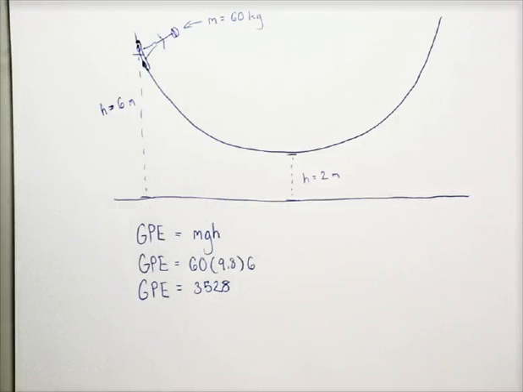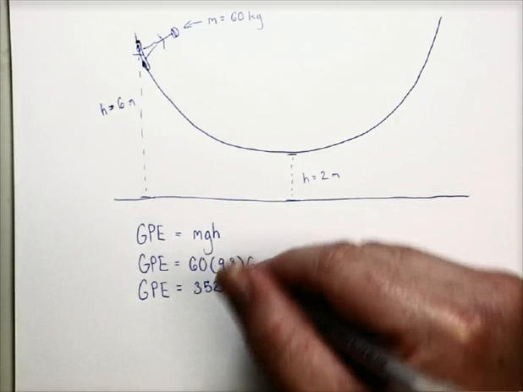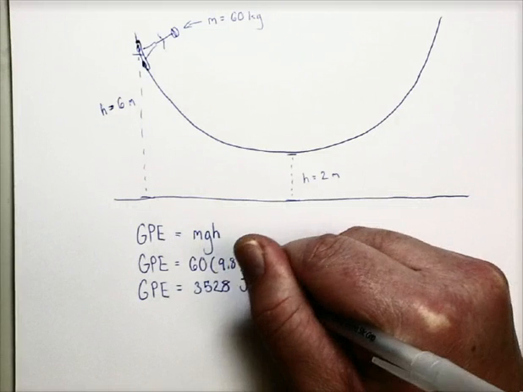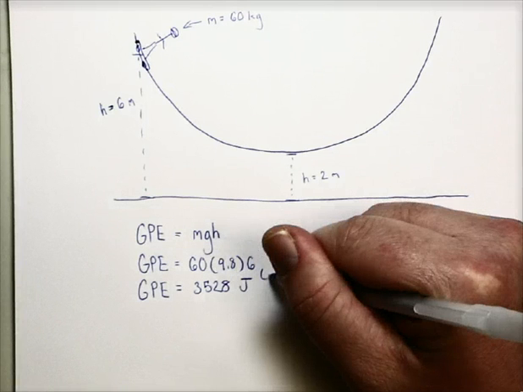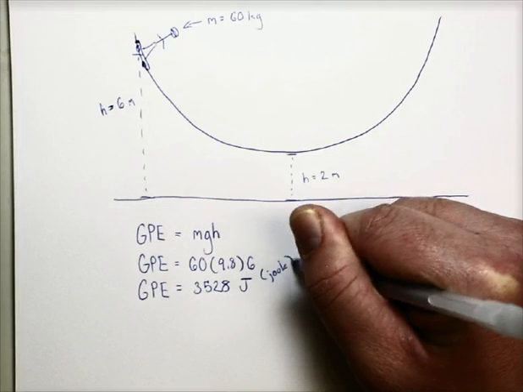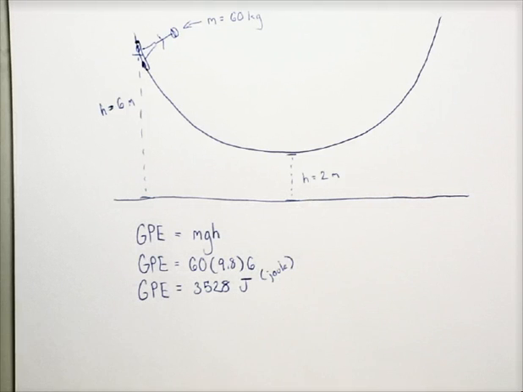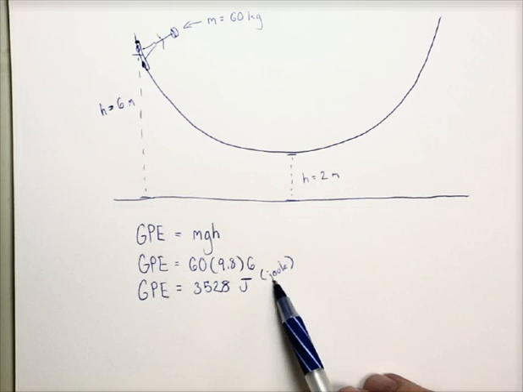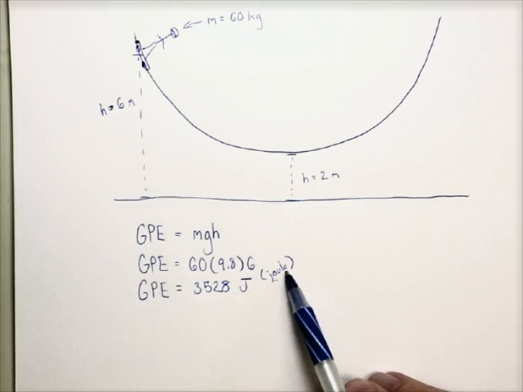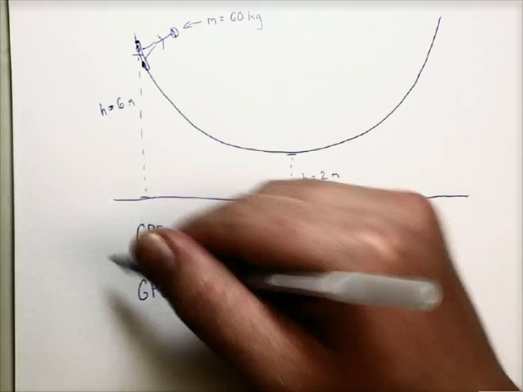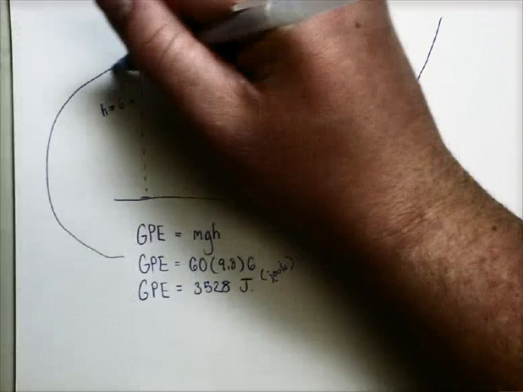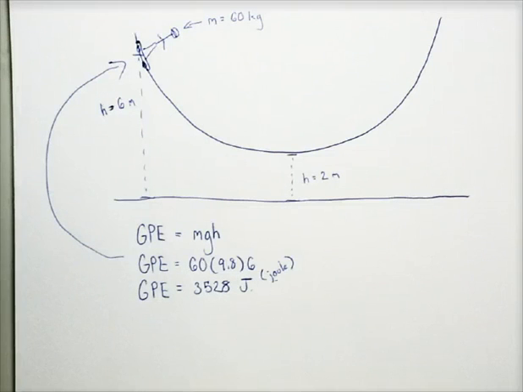Well, my oh my, we need units for energy, and that unit is called the joule, and it's abbreviated with a capital J. If you're wondering how that's spelled, it's J-O-U-L-E, which is not how you would expect, but this is after a person's last name. So the unit is the joule, and the abbreviation for it is a capital J. So at this point right here, we have calculated that person's gravitational potential energy.